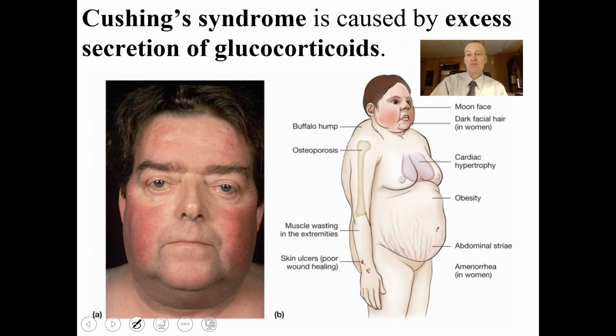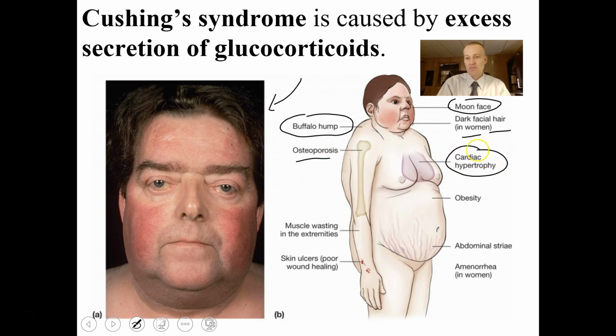Another problem with the adrenal gland can be caused by the excessive secretion of glucocorticoids in what we call Cushing syndrome. This would be a picture of a male with the condition, so you can see some of the physical symptoms. You might see moon face, dark facial hair in women, a buffalo hump in the back, osteoporosis, cardiac hypertrophy, or enlarging of the heart, and obesity.